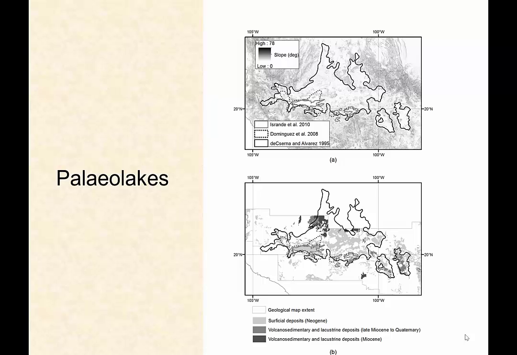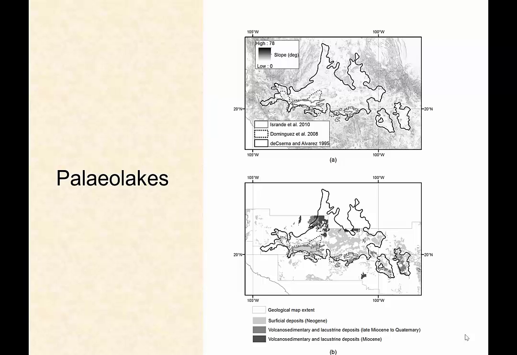We also know that slowly through time, this big lake, or lots of lakes, slowly evaporated, and presently there's a remnant lake called Lake Chapala, which is still quite large, about 90 kilometers long. That's the remainder of this huge lake system that existed in the past. But we don't know exactly when it existed, and we don't know exactly how extensive it was.